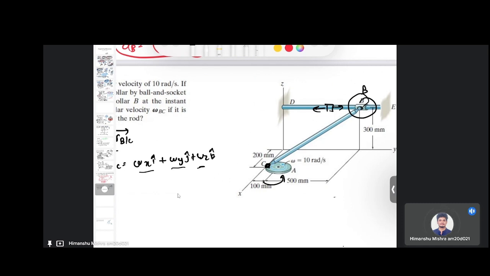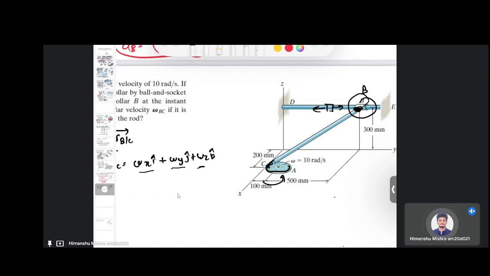We are given this omega, but this is the omega for the disk. The disk is rotating with this angular velocity. But you can visualize here that this disk is rotating one end of this shaft, and this shaft is rotating at this point, and it is producing a translating motion at the other point.